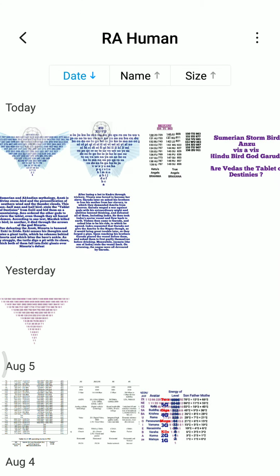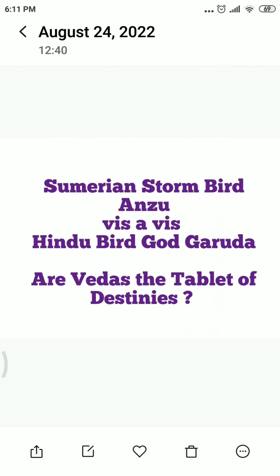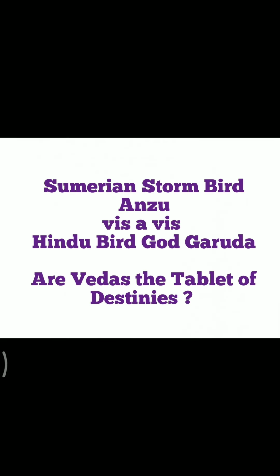According to me, those 3 are the head of the lion. I forgot to mention the zoo bird. Here we have the Sumerian storm bird called ANZU, which is also called ZU.